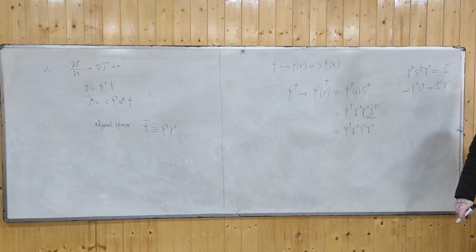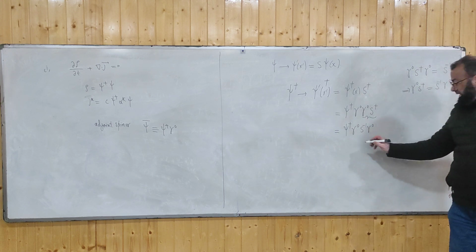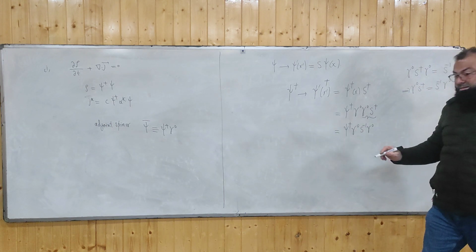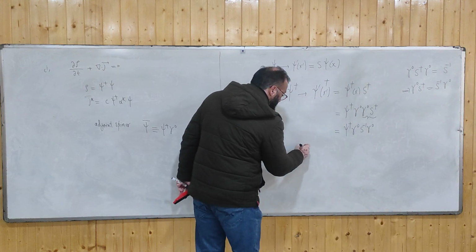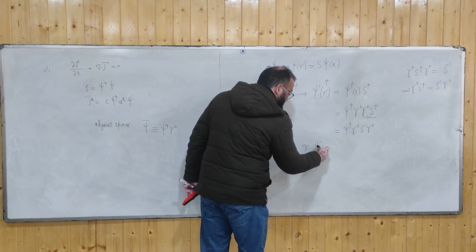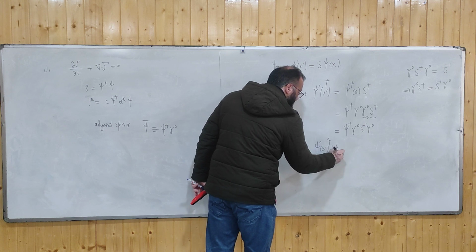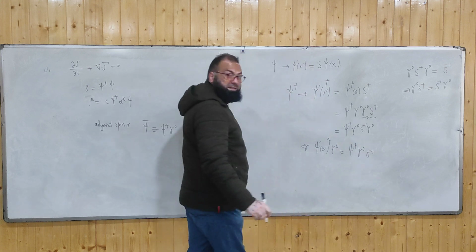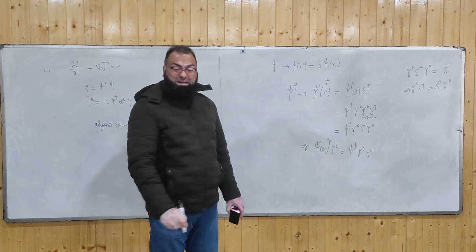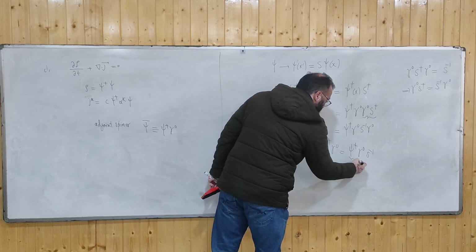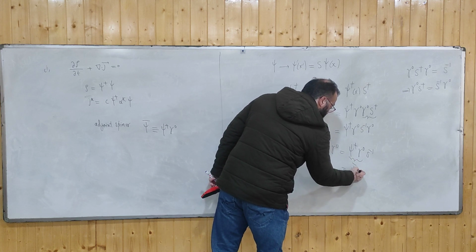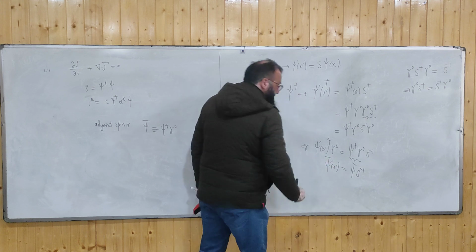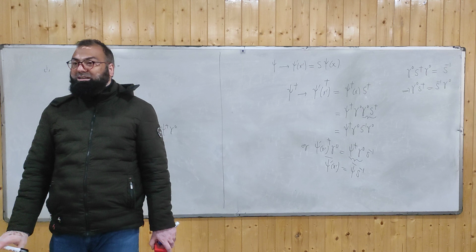Now I will take this gamma 0 to the other side. So psi prime x prime dagger multiplied by gamma 0 transforms this way, gamma 0 S inverse. And this object I call psi bar S inverse. So this will be psi bar prime x prime. Clear? Got it?